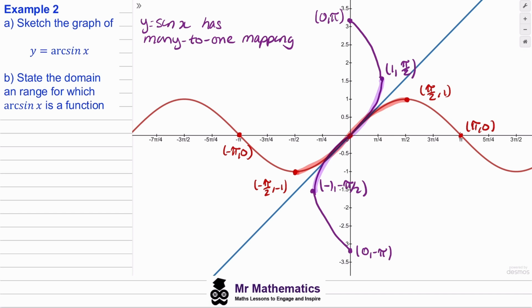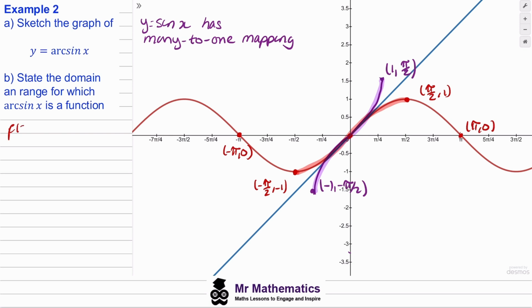Just to make this clear, I'll remove what isn't reflected. So you can see that now we have y equals arcsine, which is strictly a one-to-one function. Every x value is mapped to an individual y value within this new domain, okay?